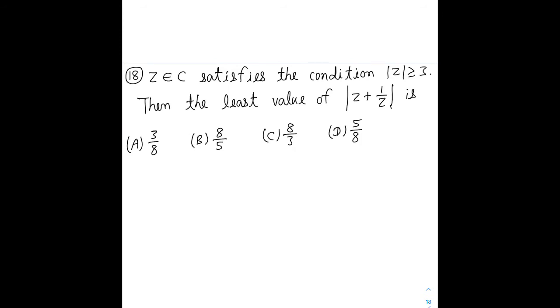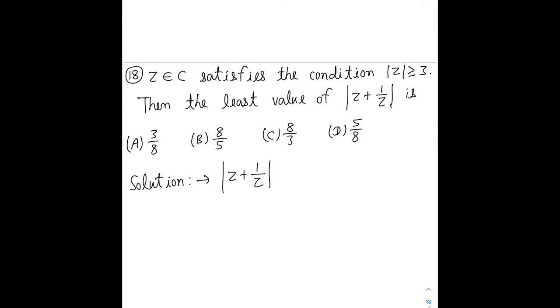Okay, question number 18. Z belongs to complex numbers and satisfies the condition mod Z greater than equal to 3. Then the least value of mod Z plus 1 by Z. So we will use the properties of complex numbers.